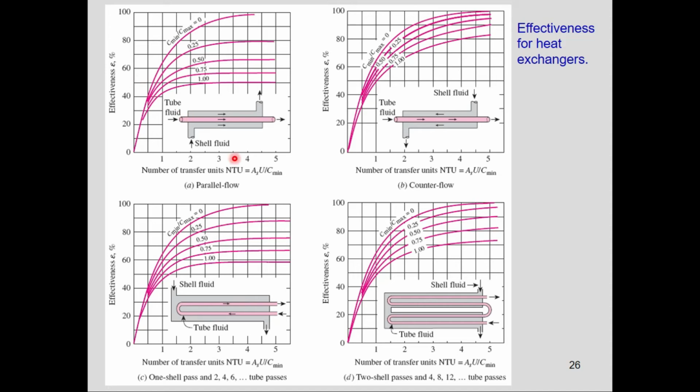Similarly, you can have the value of the effectiveness for the double pipe heat exchanger for the counterflow, and similarly this is one shell pass, 2 tube passes, or multiples of 2 tube passes, right? This is for 2 shell passes and 4 tube passes, or multiples of 4 tube passes, right? 4, 8, 12, 16, and so on.